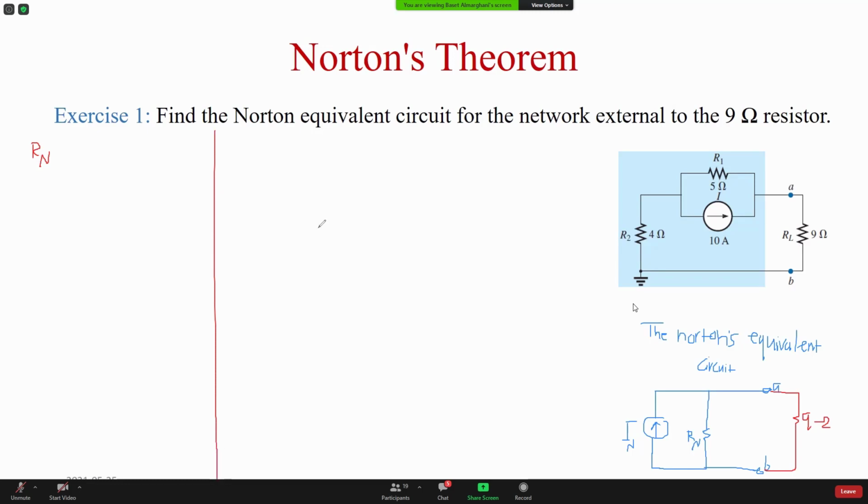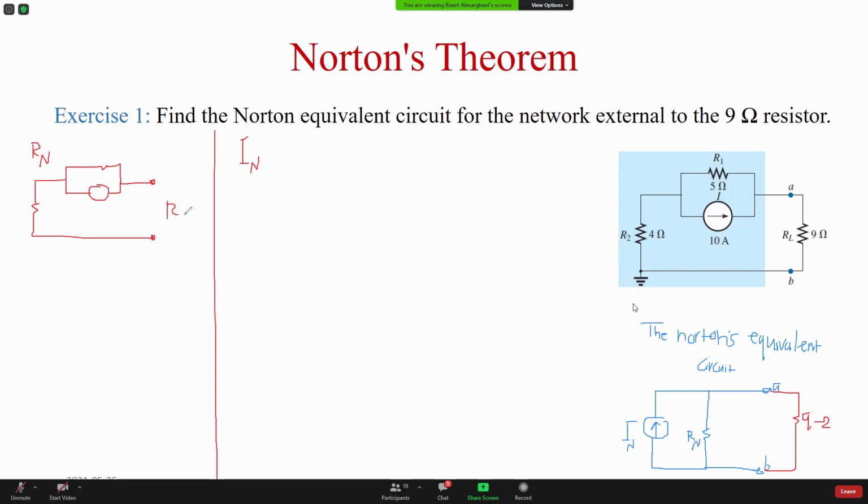The same procedure we do for Thevenin. We're going to put the circuit: resistor, current source, then the other resistor. Then we go back here.